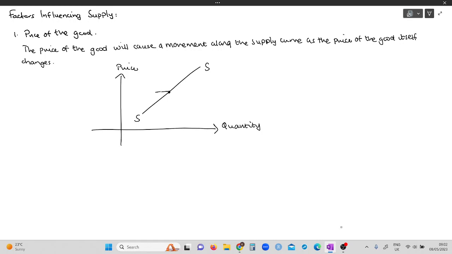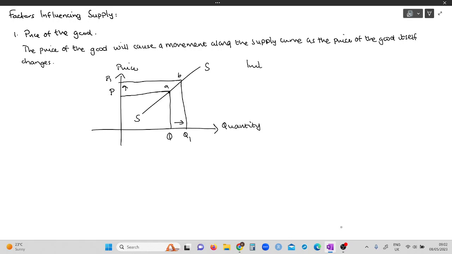I am currently supplying, as a producer, at price P, supplying quantity Q. Now, whenever there's an increase in price from P to P1, for example, the quantity will increase to Q1. So here, we can say that there is a movement upwards along the supply curve from A to B.